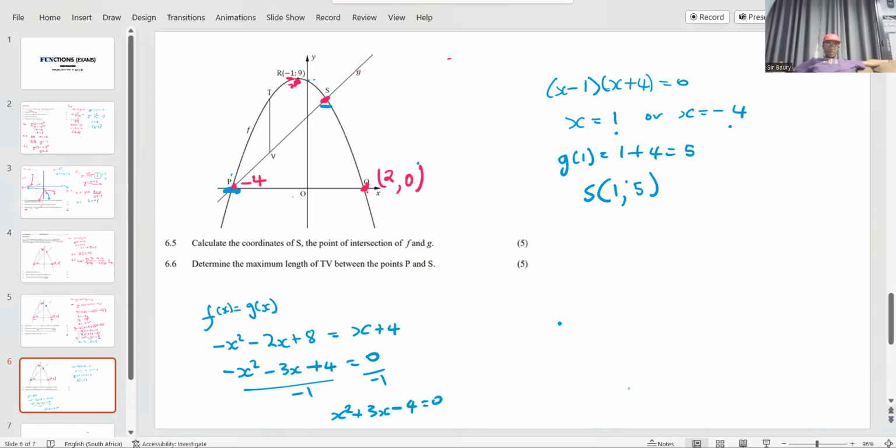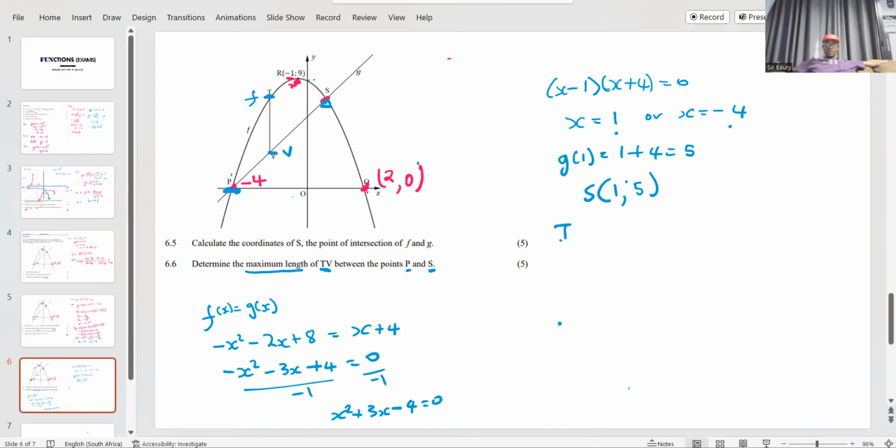And then now they want me to determine the maximum length of TV between point P and S, right? So TV, here is TV. I have T and then I have V there. At T, I have f. Then at V, I have g.